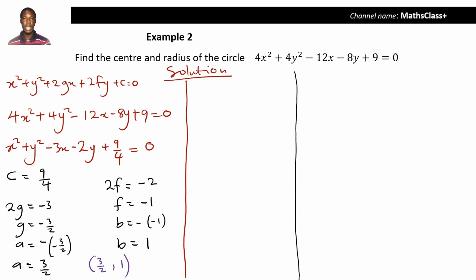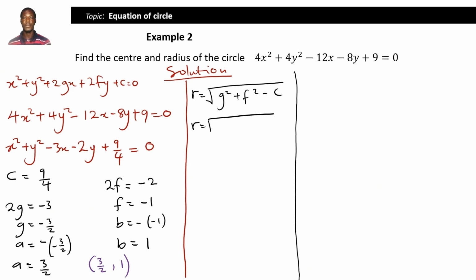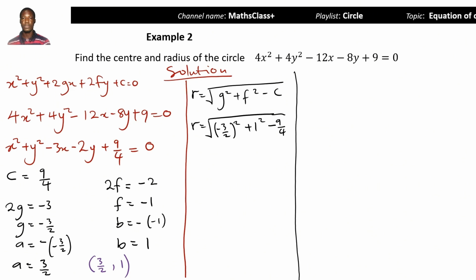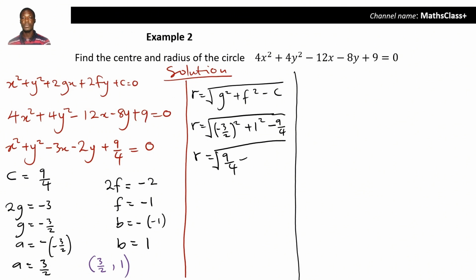So we determine the radius as r is equal to square root of, remember, it's J squared plus F squared minus C. So our r here will be equal to square root of, when you square negative 3 over 2, that will give us 9 over 4, plus square of 1 will be 1 minus 9 over 4.